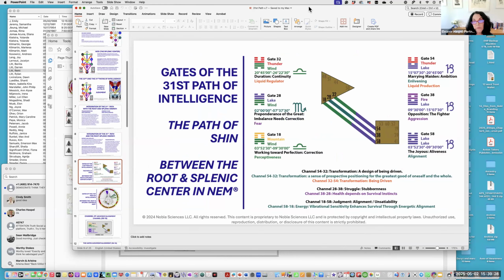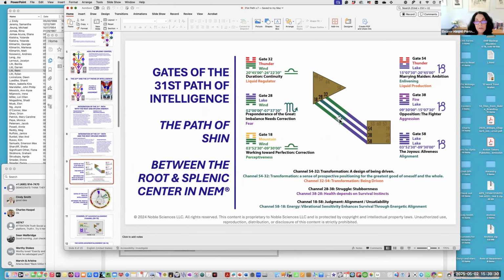And then if we look at the 31st path of intelligence, there are 3 channels. I like people, when they're looking at the channels, to look at the hexagrams. Because if you look at the hexagrams, you see that all the hexagram trigrams in the root center have the same lower trigram.